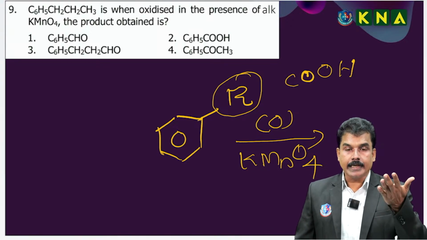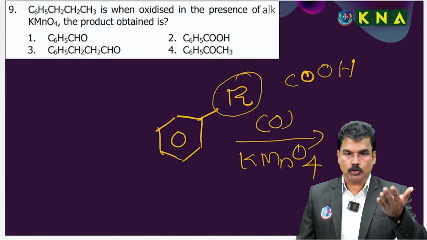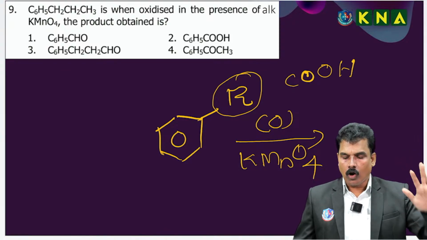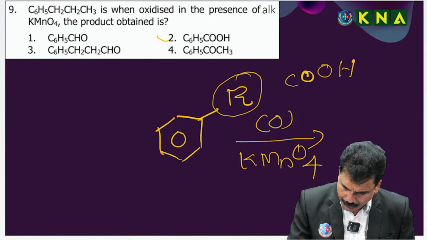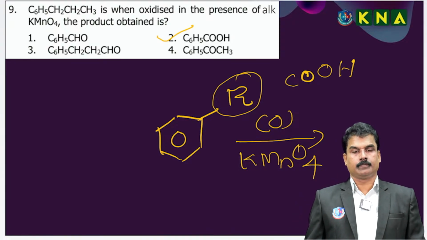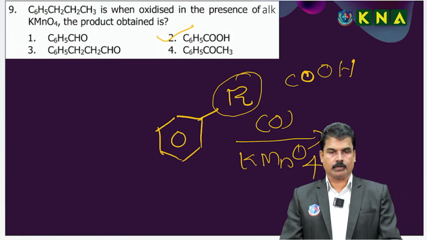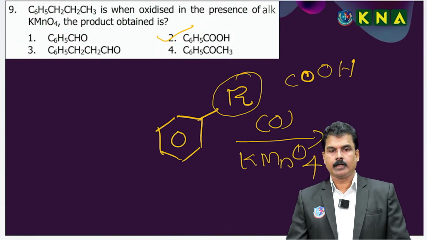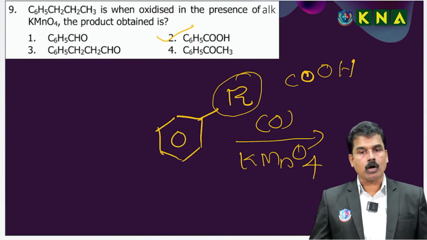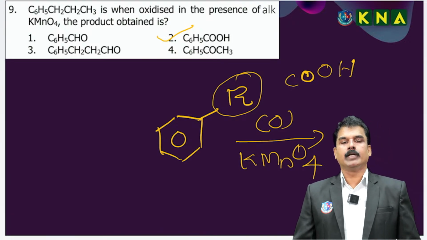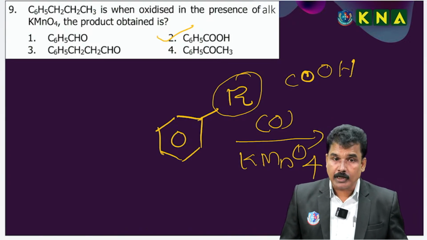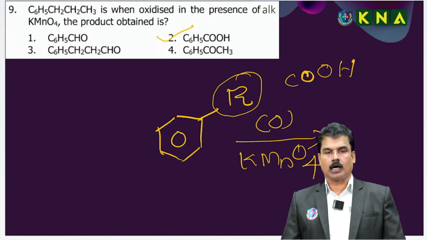Toluene, ethyl benzene, propyl benzene, isopropyl benzene, butyl benzene, all give one product, benzoic acid. It is an important reaction. Alkyl benzene on oxidation with a strong oxidizing agent gives benzoic acid. If it is a mild oxidizing agent, you get benzaldehyde.